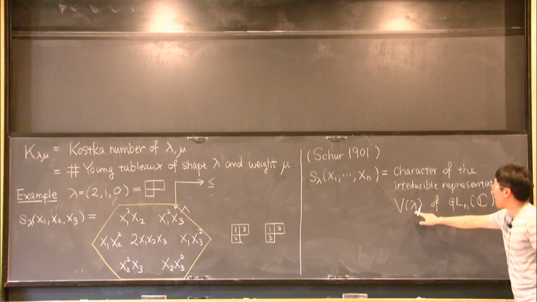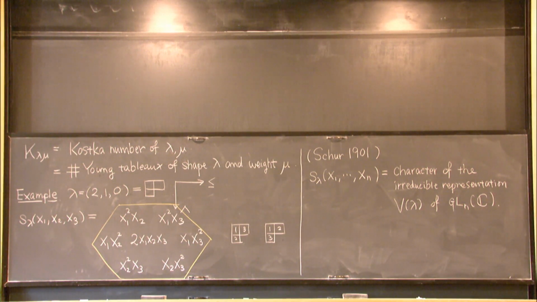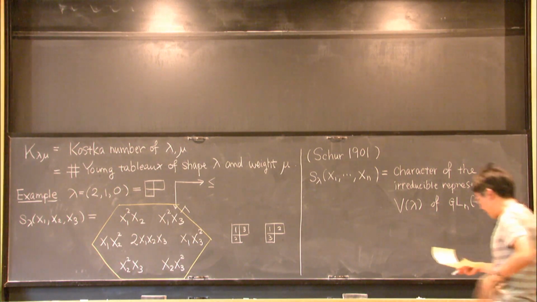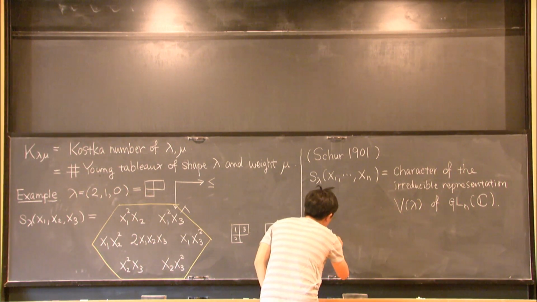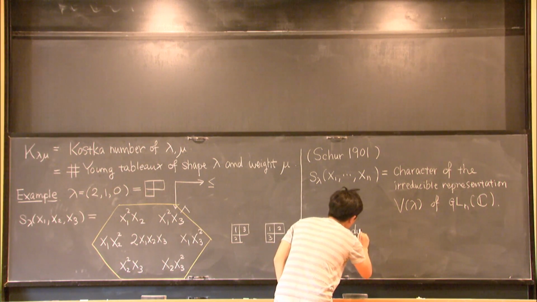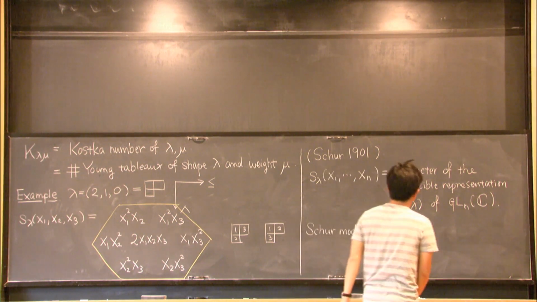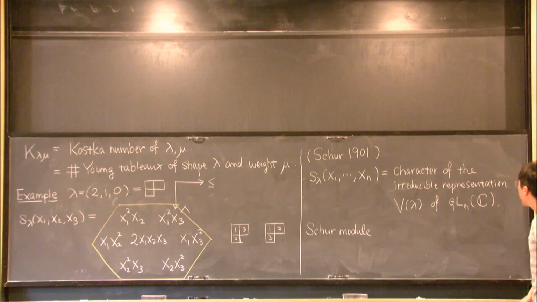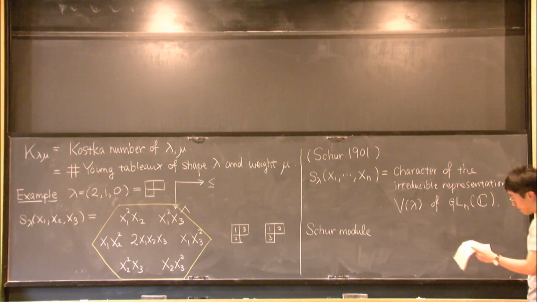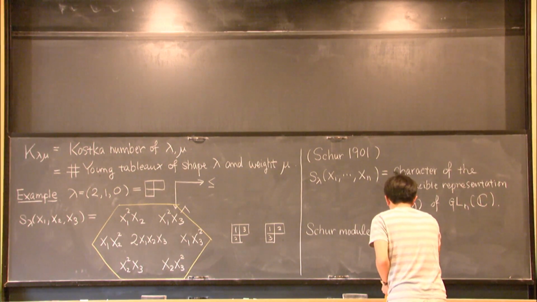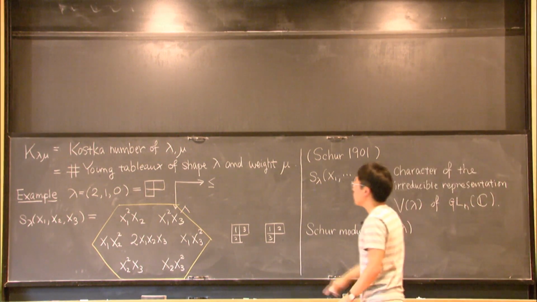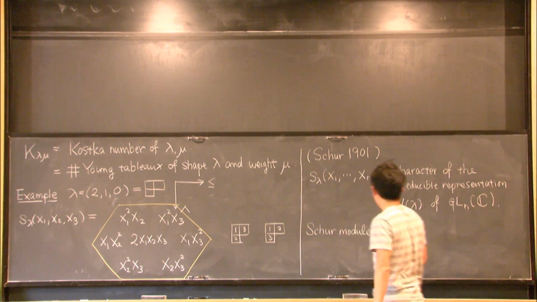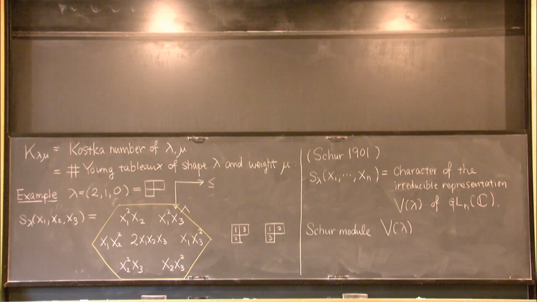So here V lambda is what we now call the highest weight irreducible representation corresponding to lambda. And we also call it the Schur module. And these are all the polynomial irreducible representations of this group. And the enumeration of Kostka obtains a new meaning when viewed from this perspective.